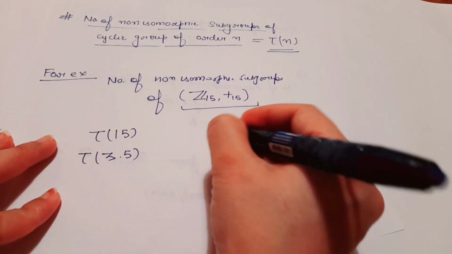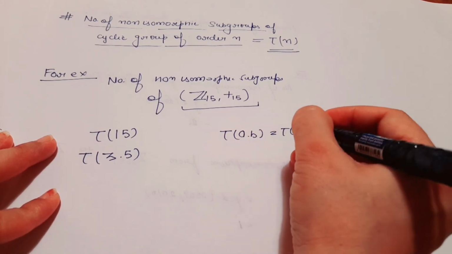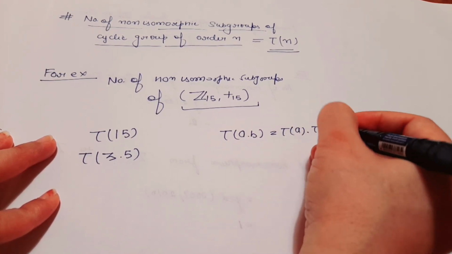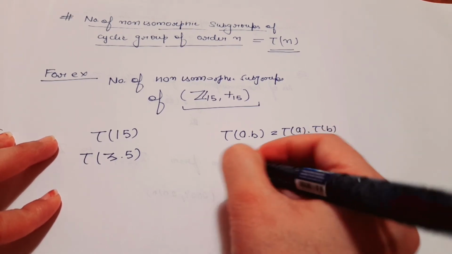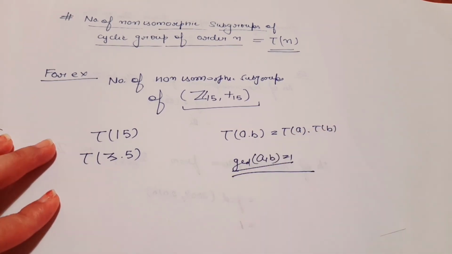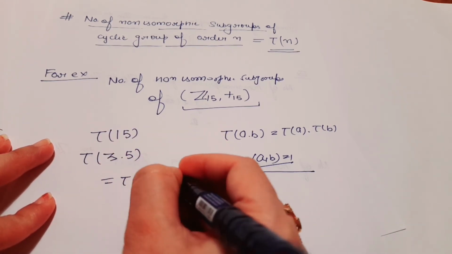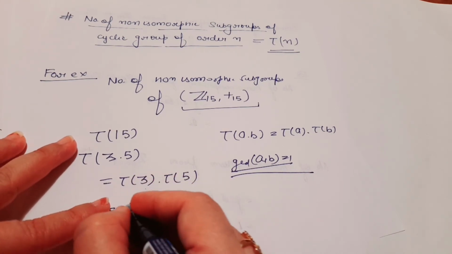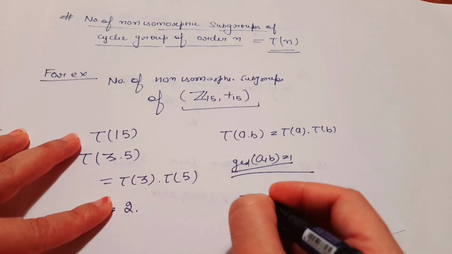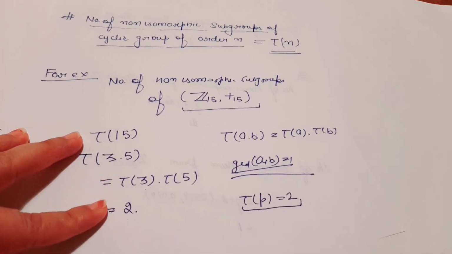Tau of A times B is equal to tau of A times tau of B, if A and B are co-prime to each other, that is, if their GCD is 1. So tau of 3 into 5 is equal to tau of 3 into tau of 5. Tau of p is always 2 because a prime has only 2 divisors.